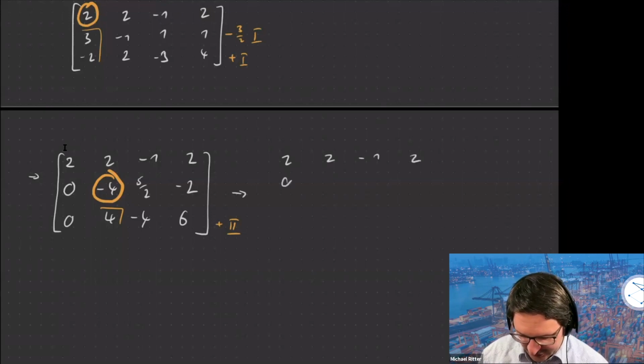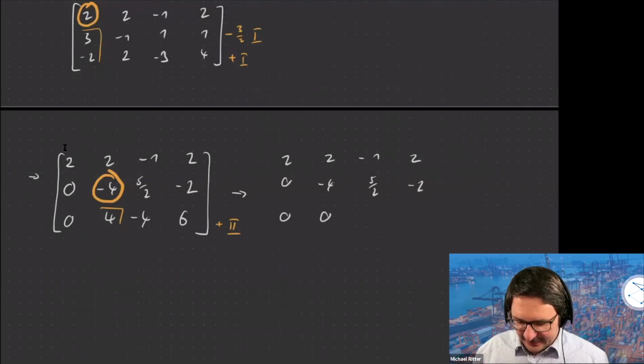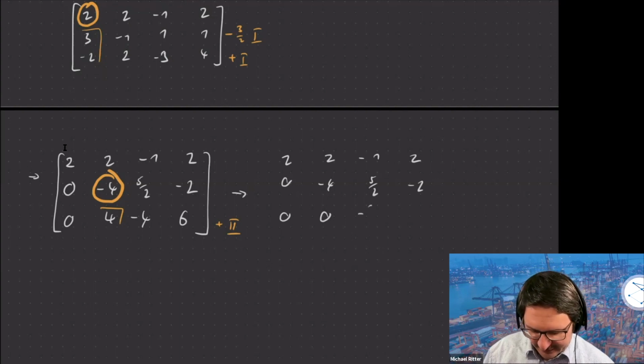Those are not changing anymore. And for the last row, we get 0. Then it's 4 minus 4, that's 0. Then we have minus 4 plus 5 over 2. Minus 4, that's minus 8 over 2, plus 5 over 2, that's minus 3 over 2. And finally, we have 6 minus 2, that's 4.